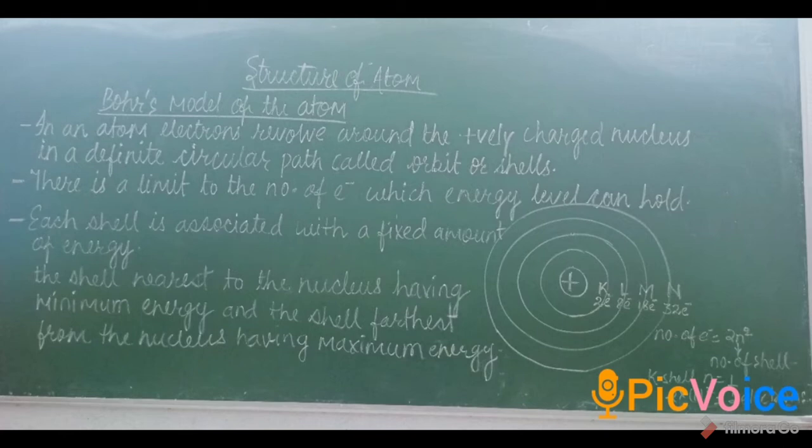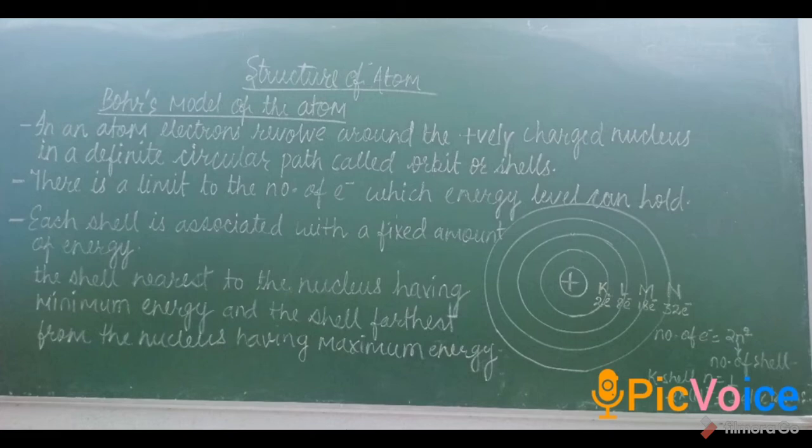Next, there is a limit to the number of electrons that each energy level can hold. For example, the first energy level, which is the K shell, can hold a maximum of 2 electrons. The second energy level or L shell can hold a maximum of 8 electrons.